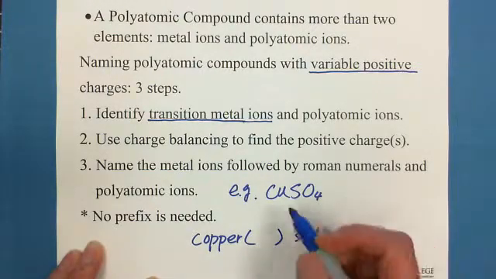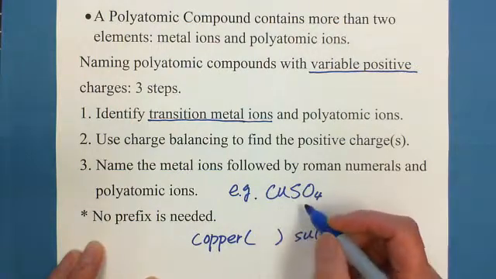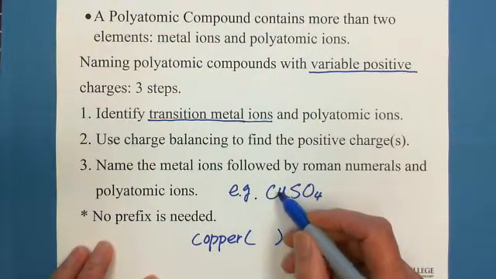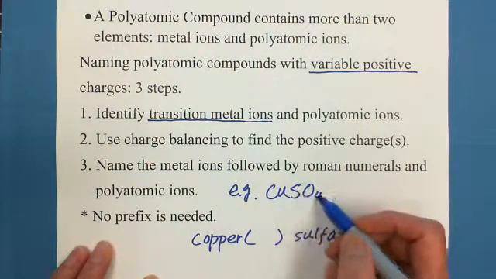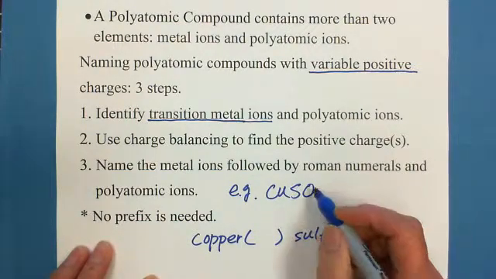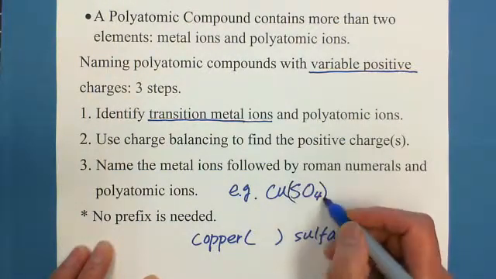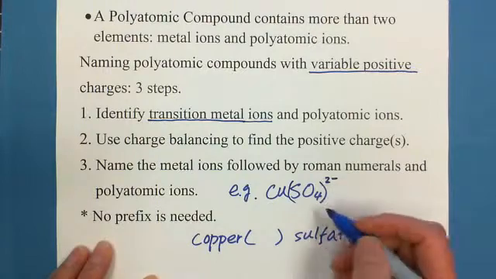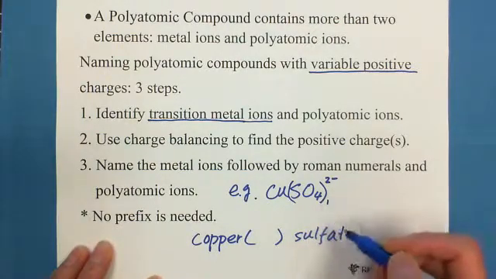Then we figure out what the copper charge is. The copper charge depends on the balance, because the total charge equals 0. SO4 is sulfate with 2 negative charge, and there is no subscript, which means 1.